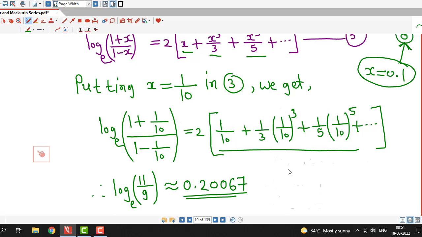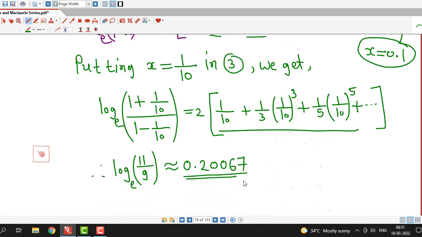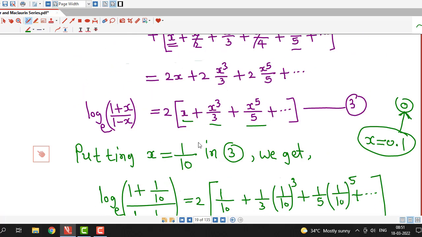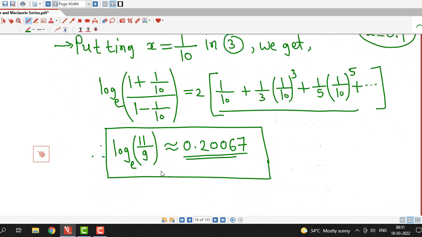So in this way we can obtain the approximate value of this type of logarithms using this type of Maclaurin series. So this is a nice application of Maclaurin series, and here I have written the approximate sign because we are not using all the terms of the series, but whatever value we obtain will be nearly equal to the exact value.